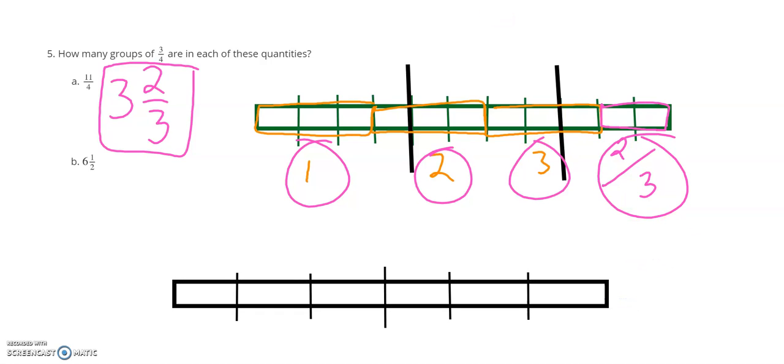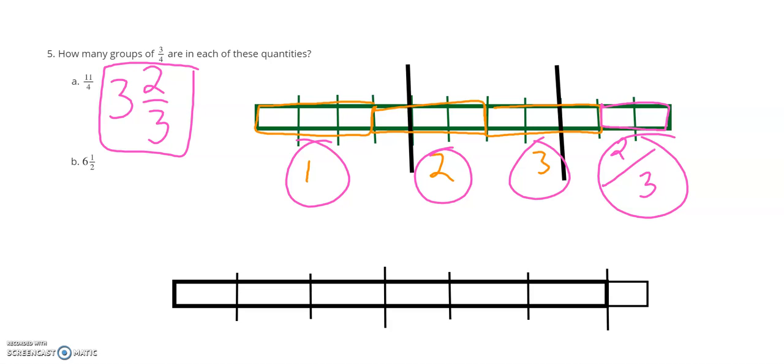We have our 6. Now we need a half. A half would look like this, but we're putting it at the end. So we have 6.5.